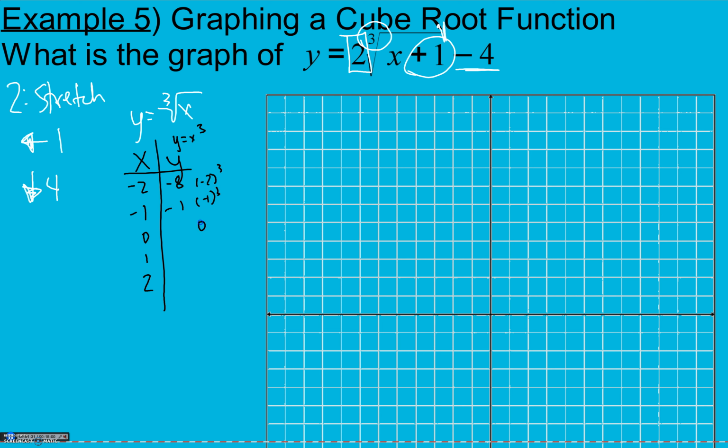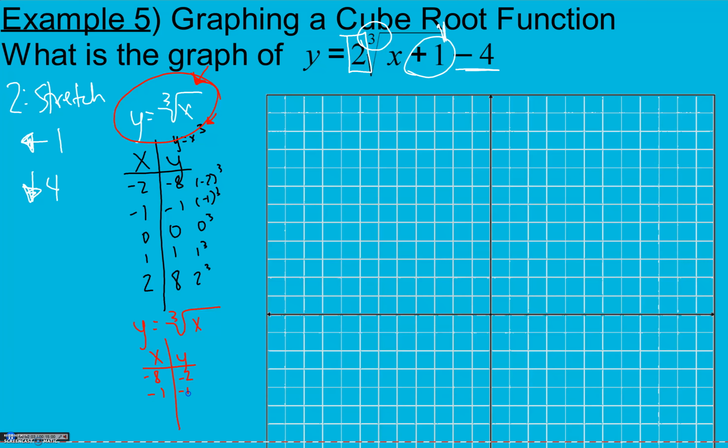Now, because we have the inverse function here as the cube root instead of the cube as a power, we flop our x's and y's. So for my parent function for a cube root, we just switch our x's and y's around. So x is negative 8, y is negative 2.